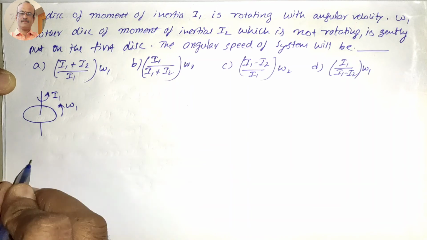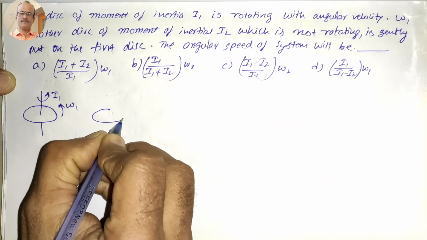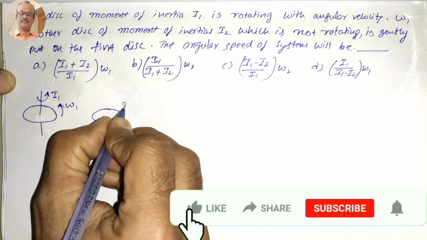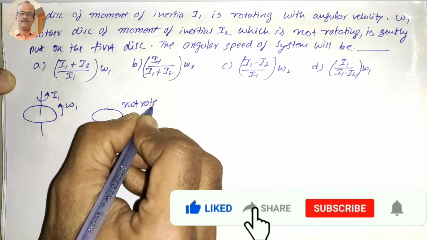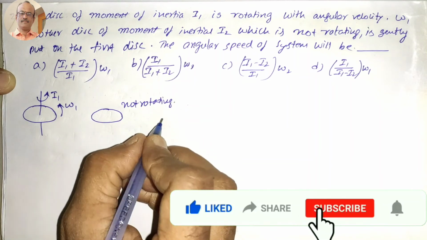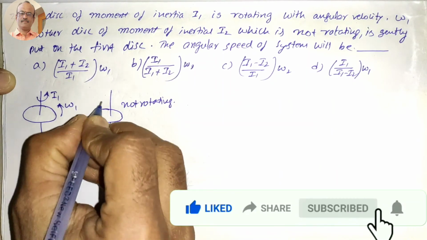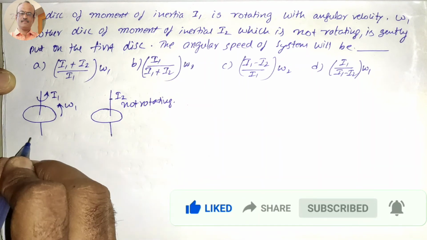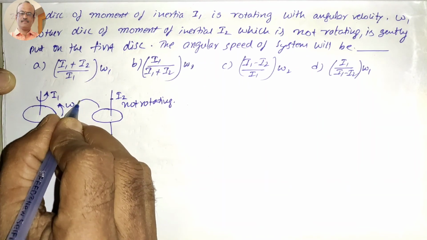But another disk is there, which is not rotating, and its moment of inertia is I2. So remember, this one is put on this disk.